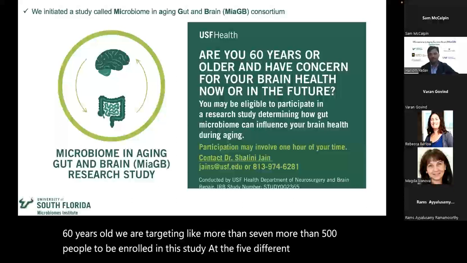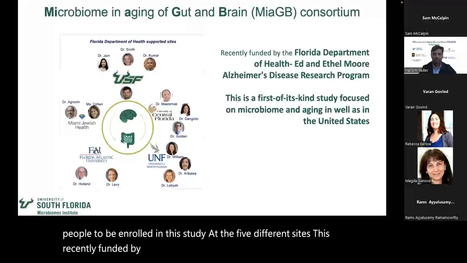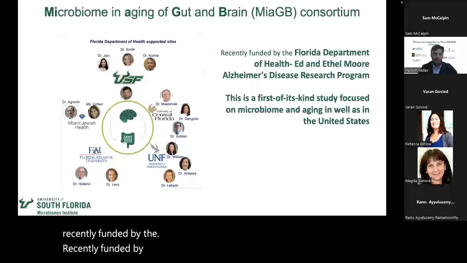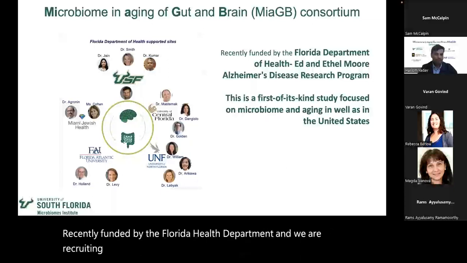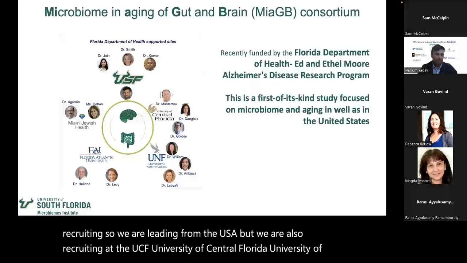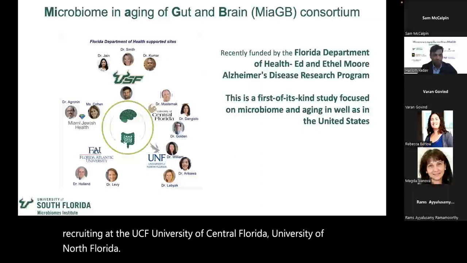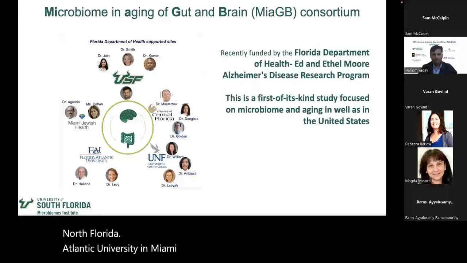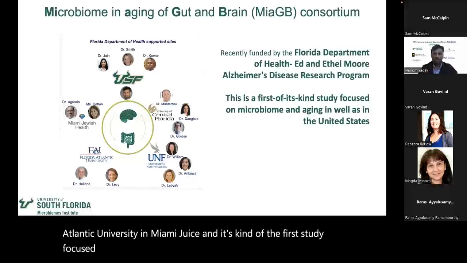This was recently funded by the Florida Health Department, and we are recruiting. We are leading from USF, but we are also recruiting at UCF, University of Central Florida, University of North Florida, Florida Atlantic University, and Miami. It's the first study focused on the microbiome and aging in the United States as well as in the world.